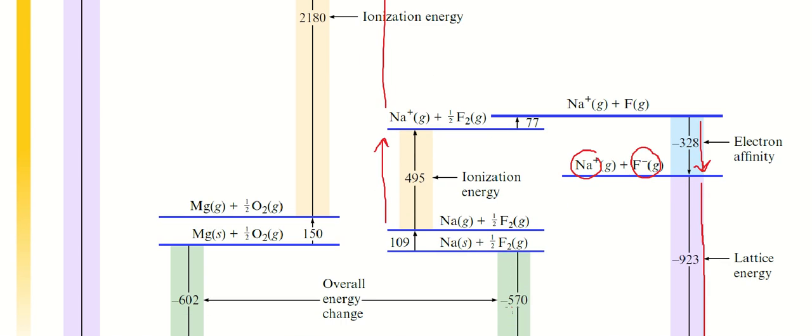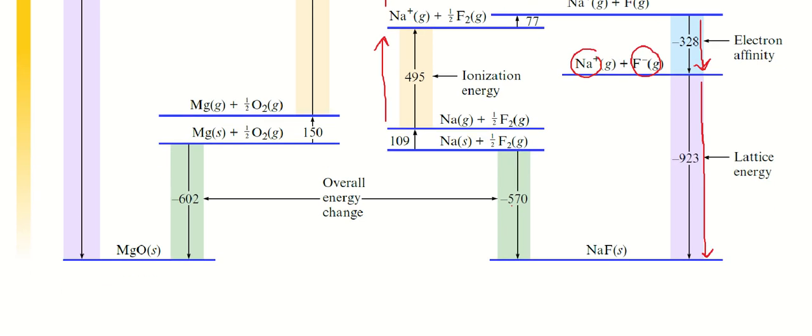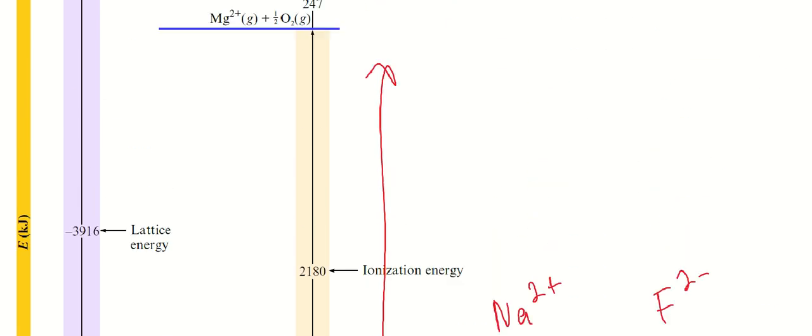And yes, if sodium does form 2 positive cations and fluorine forms 2 negative anions, you would expect the lattice energy to be greater, but it wouldn't be great enough to compensate for this huge amount of energy required to remove sodium's core electrons.